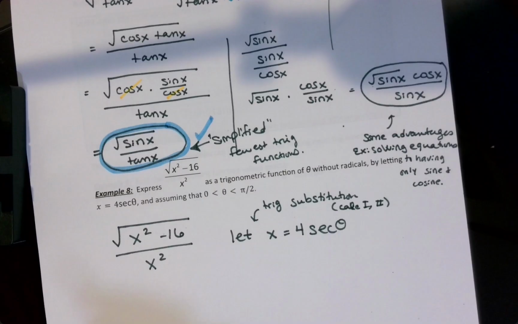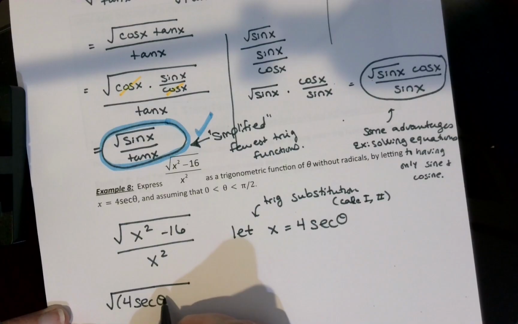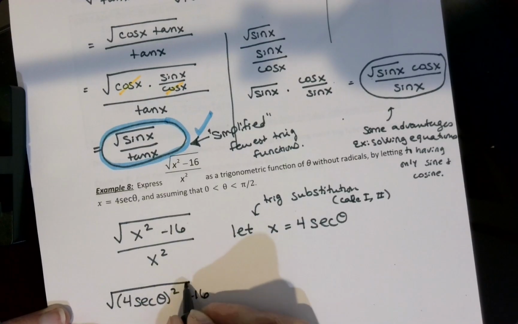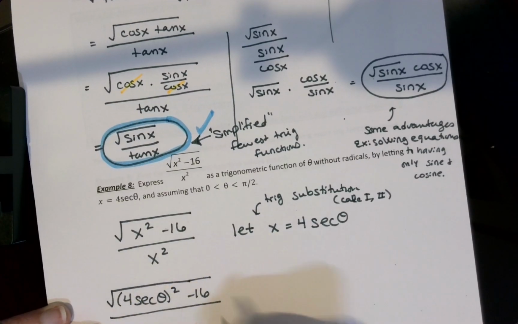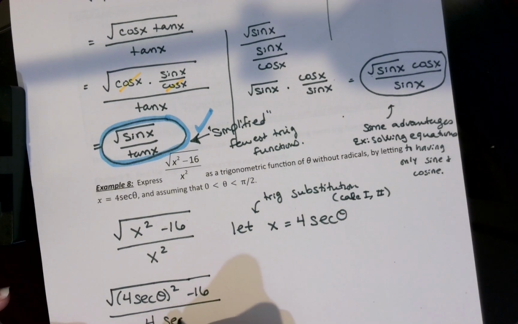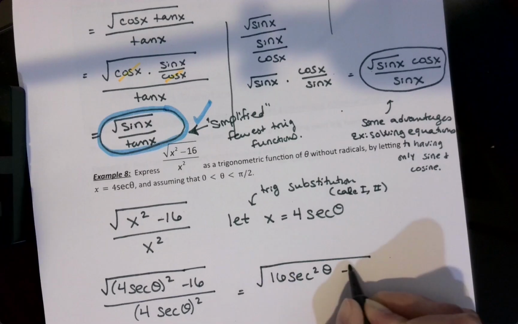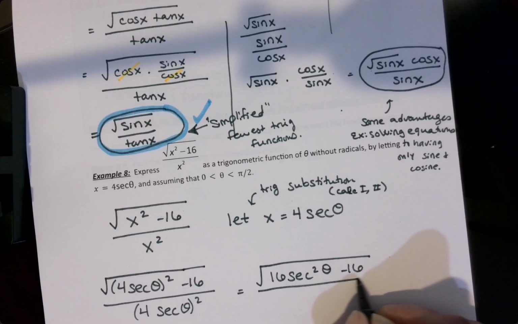So inside the square root, we've got 4 squared, so that's 16 secant squared theta minus 16 over, again, 16 secant squared theta. The 16s are going to factor out. So square root of 16 times secant squared theta minus 1 over 16 secant squared theta.